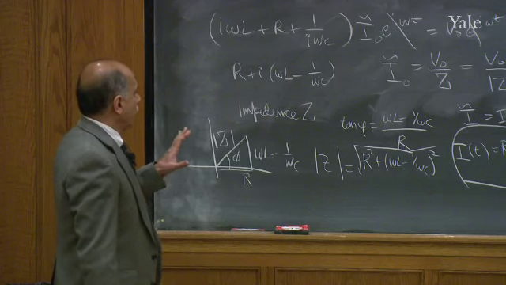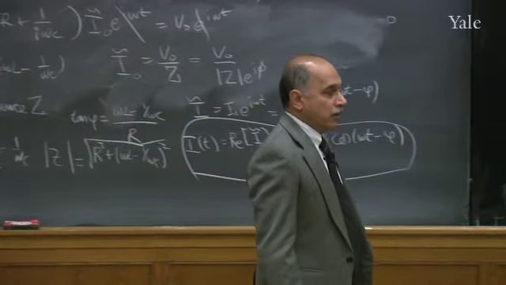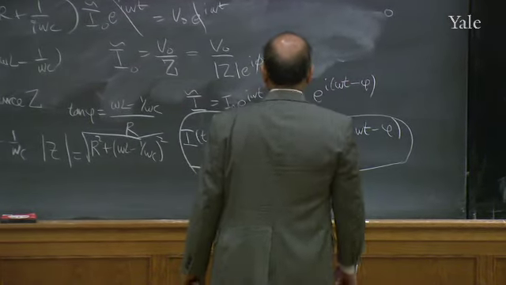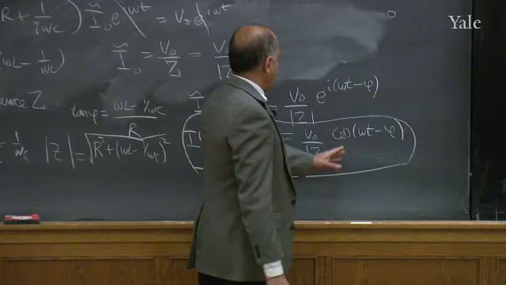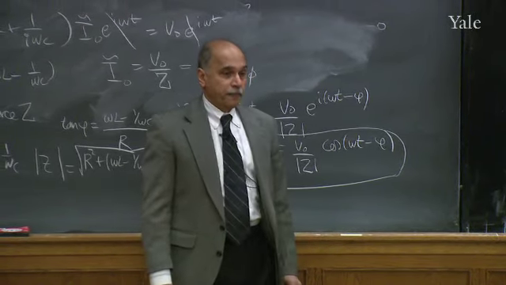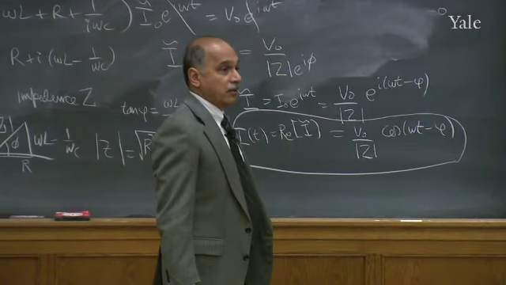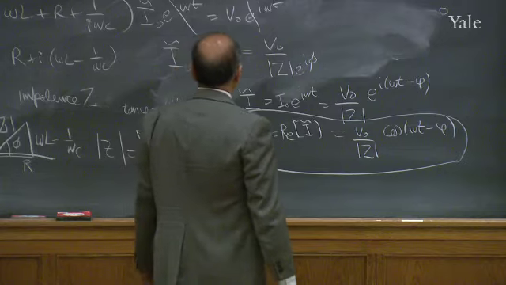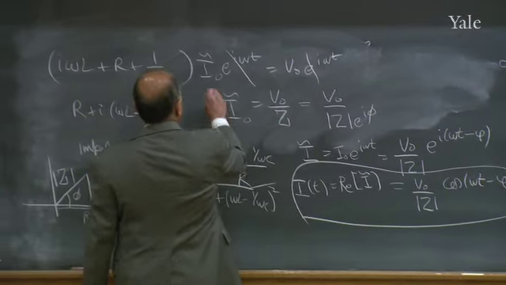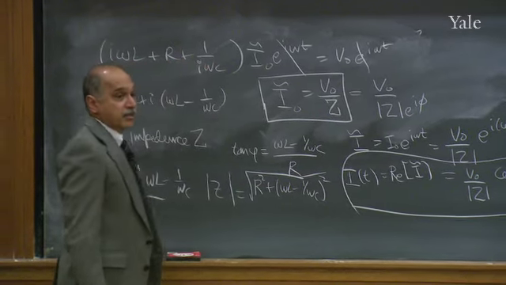So I want you to think about the magic of complex numbers. Your final answer has a current which is a cos(ωt − φ). Your driving voltage is a cos ωt. There is no way you can divide the voltage by anything to get that current. But in the complex language, the complex current is the complex voltage divided by the complex impedance.